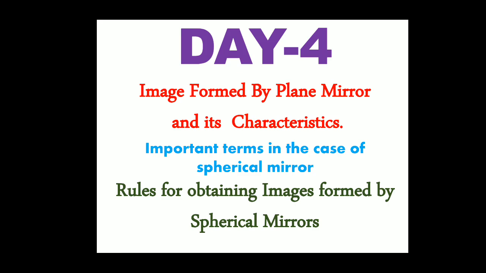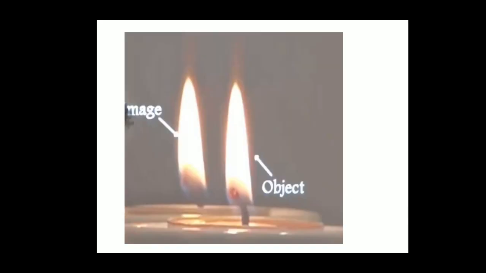In the previous class, we studied two types of spherical mirror, concave and convex mirror. And the next one is certain rules for obtaining images with the concave and the convex mirror. So, two things are with the spherical mirror and one is with the plane mirror. This is our today's topic.